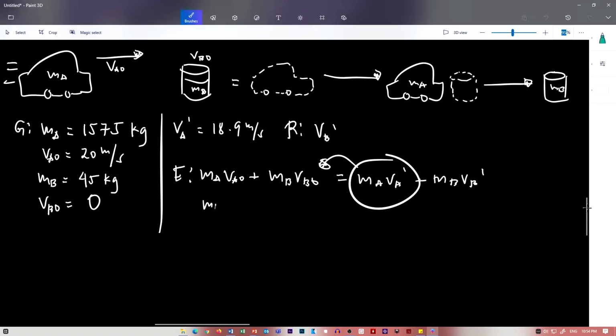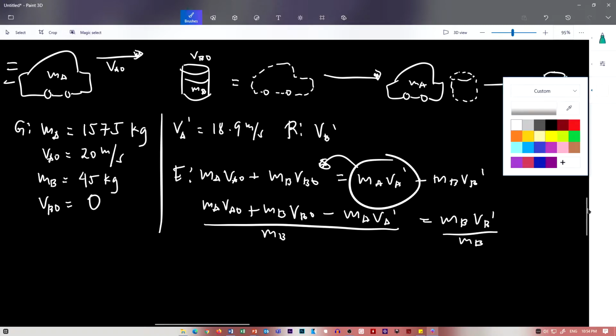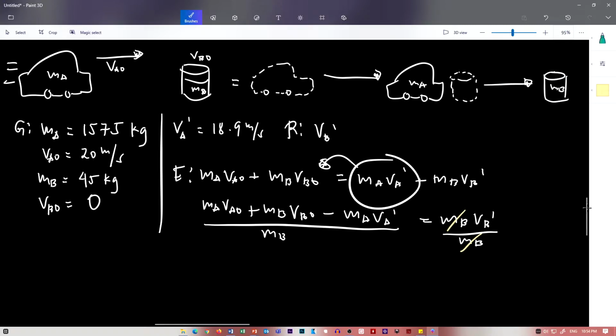So m sub a v sub a sub 0 plus m sub b v sub b sub 0 minus m sub a v sub a prime is equal to m sub b v sub b prime. Then since we're looking for v sub b prime, we're going to divide both sides by m sub b. So cancel this one out. Okay, so this is now your new equation.